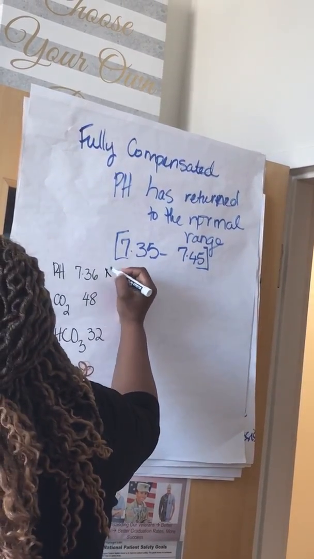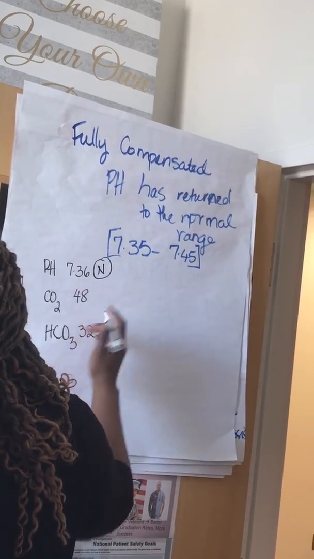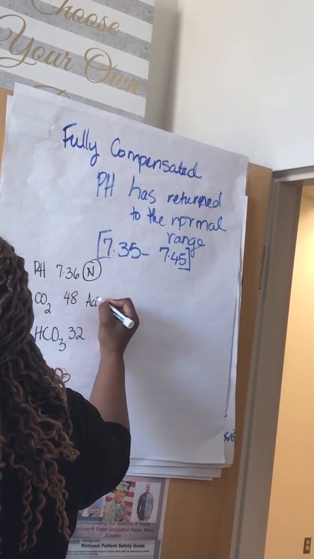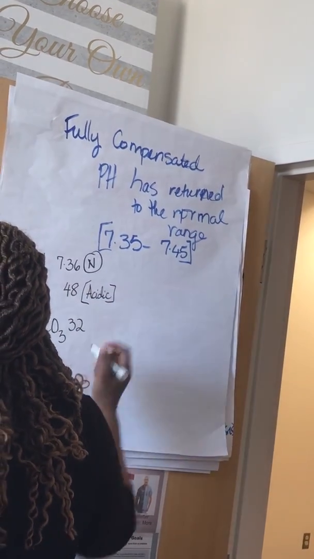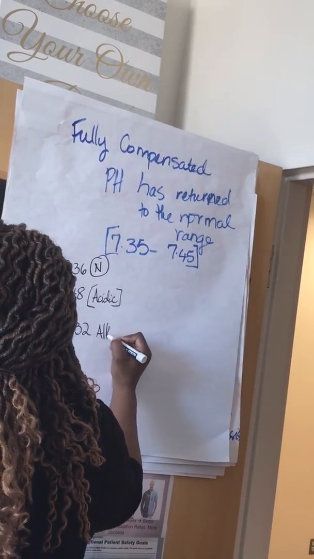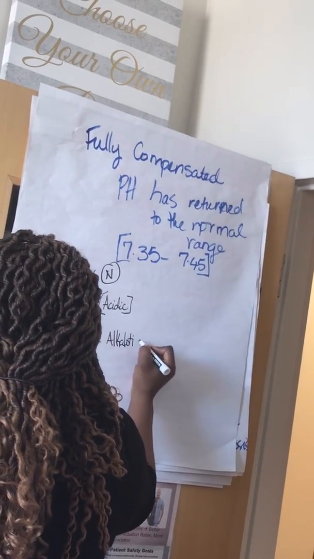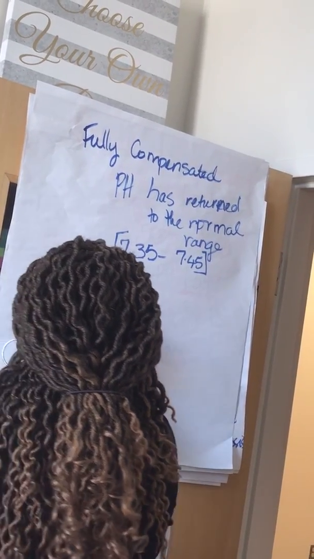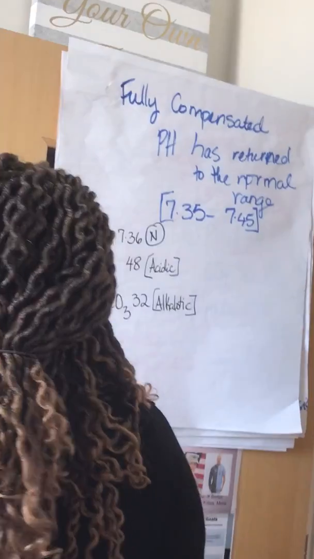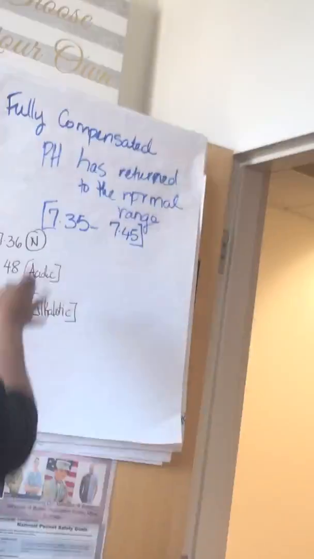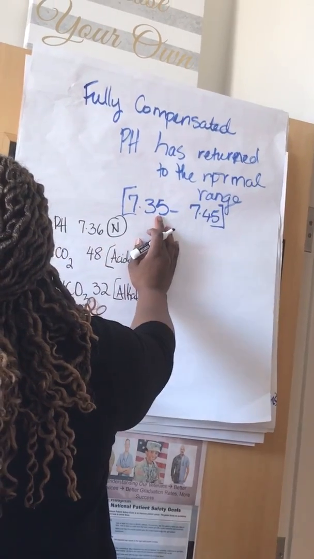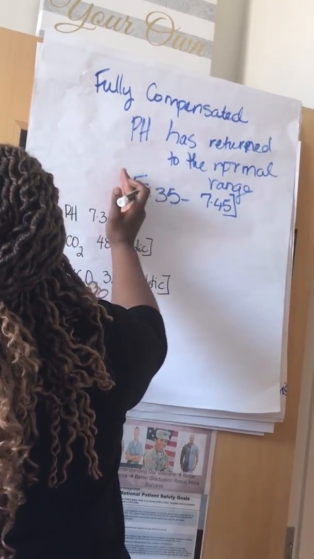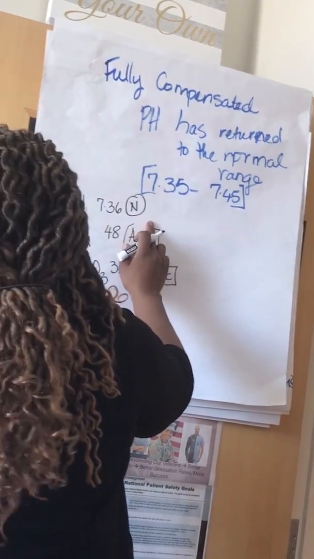So we see the pH here is normal. CO2 is acidic, and the bicarbonate is alkaline, out of range. Now, these two are out of range, so you might get confused. How do I know which problem we're having? When you look at the pH here, 7.36 is normal, but it's normal on the lower end, meaning this used to be an acidic problem.